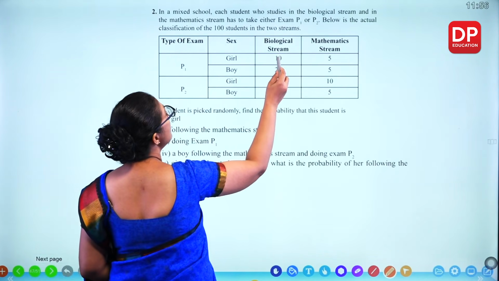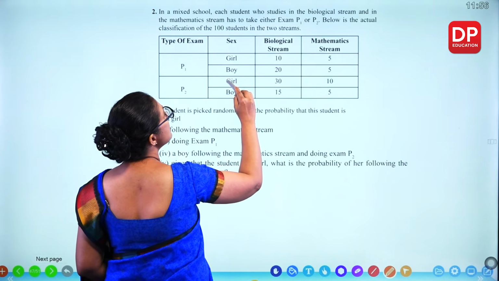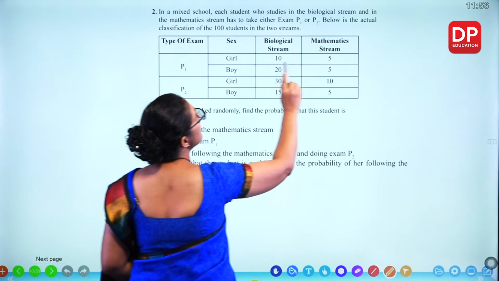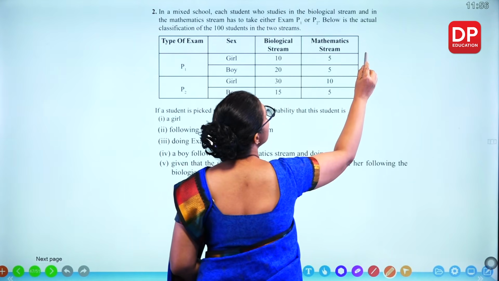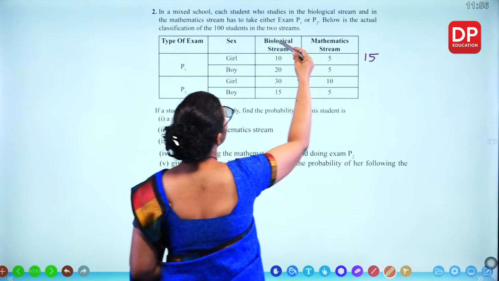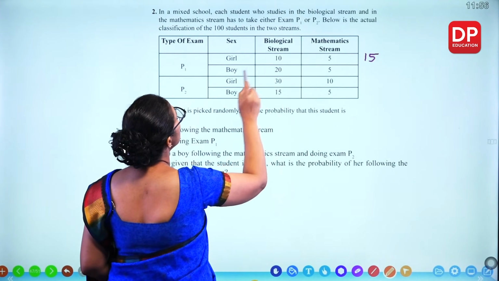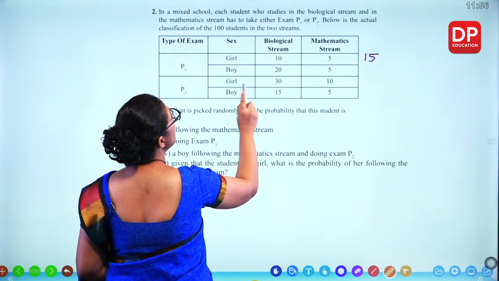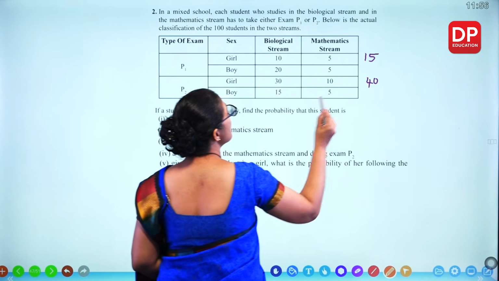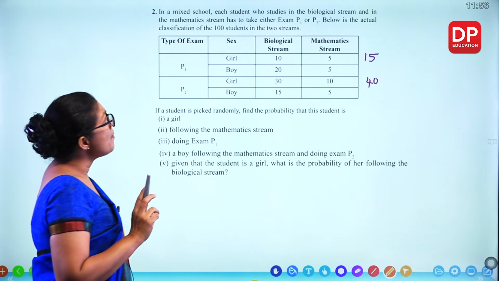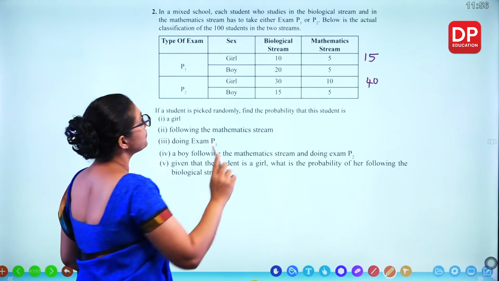So here, when you take girls, that's this side, you have to take the total. 10 plus 5, 15 there. What about here? Here, girls, 30 plus 10, 40. And how many altogether?